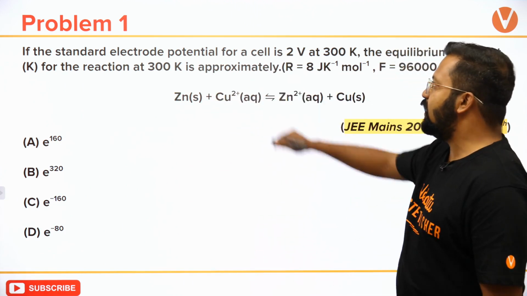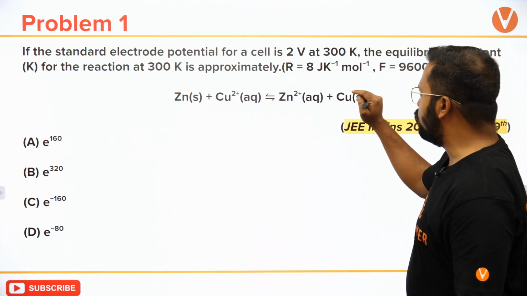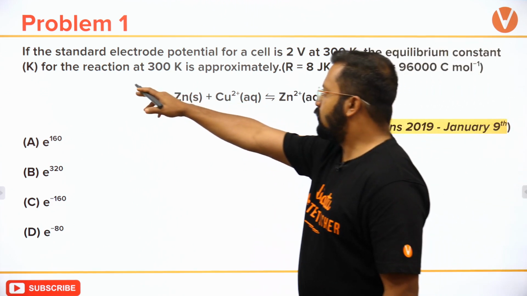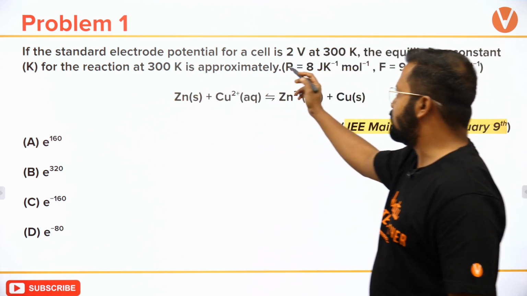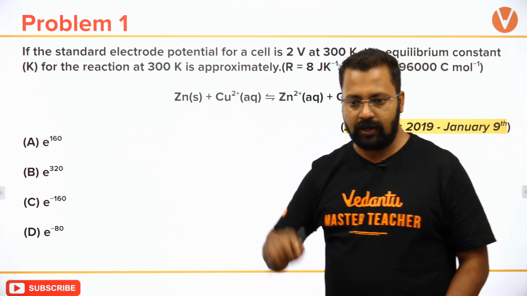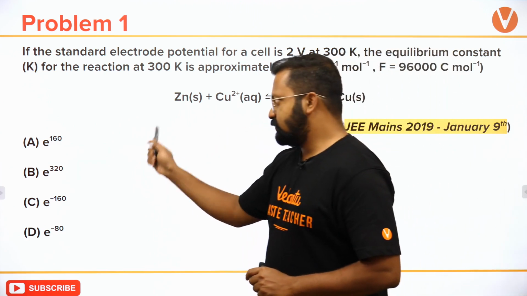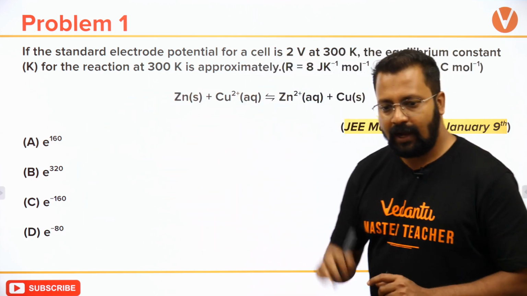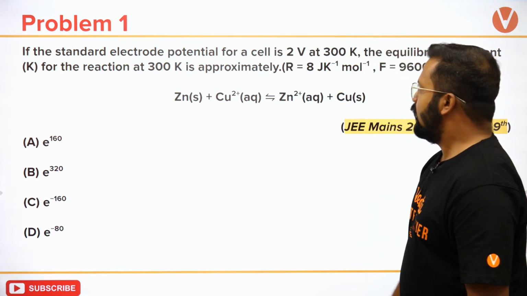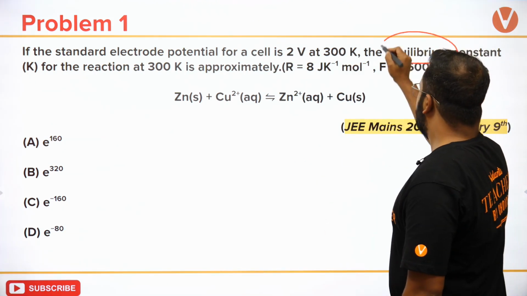If the standard electrode potential for a cell is 2 volts at 300 Kelvin, the equilibrium constant for the reaction at 300 Kelvin is approximately equal to what? You can see these values. How do we solve this question? So I have to consider the condition of equilibrium.